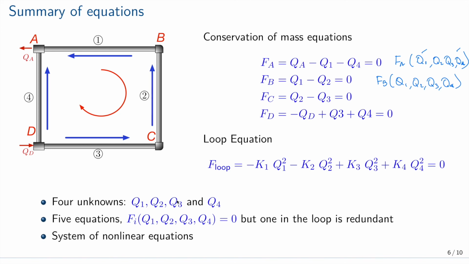We have 5 equations and 4 unknowns, so in total we have more equations than unknowns, which means that probably we have one redundant equation. We can see here, for example, just either C or D. The flow in 3 should be equal to the flow in 2, and the flow in 2 should be equal to the flow in 1. So one of those equations is basically the same. It can be just simplified.